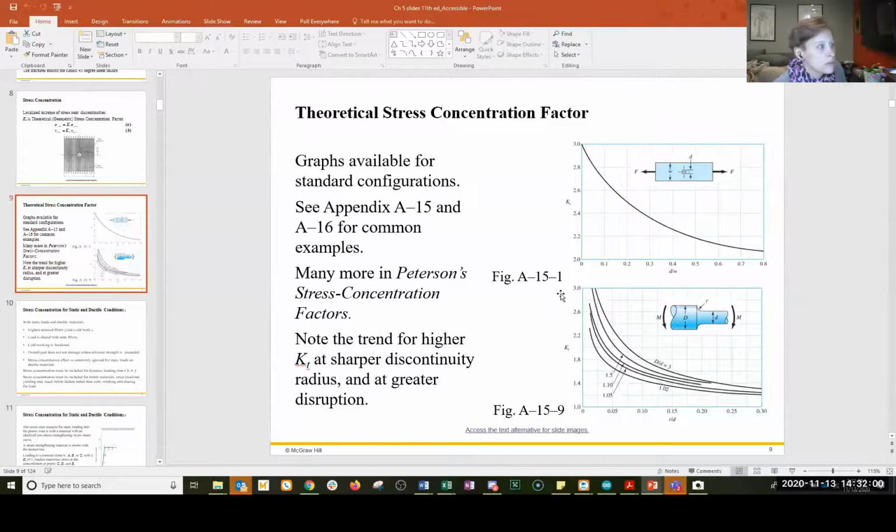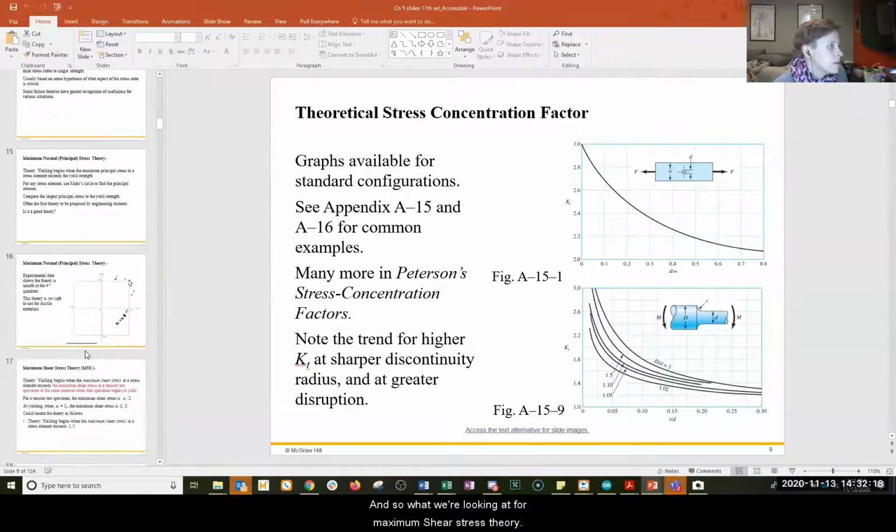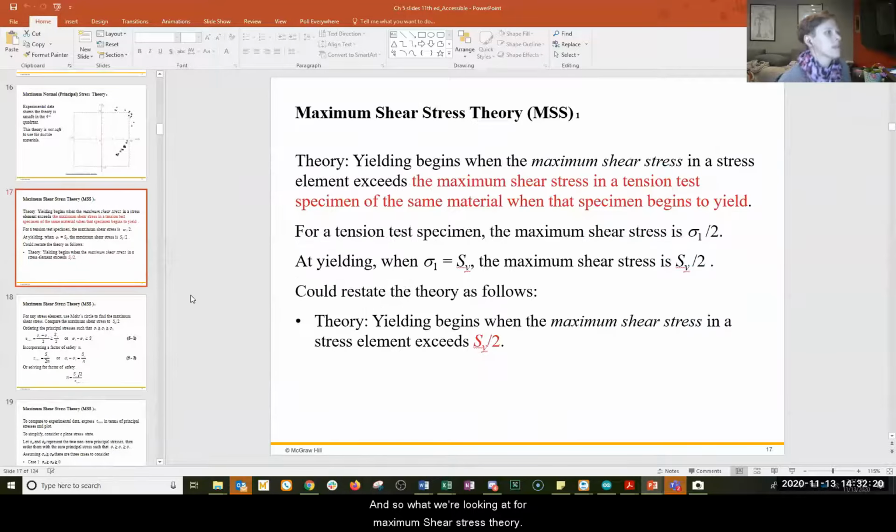So don't forget that those will not only increase stress because of a change in geometry, the smaller diameter, etc., but also because of these concentration factors due to the discontinuity. And so what we're looking at for maximum shear strength theory is, assuming that maximum shear strength is half of the yield strength.